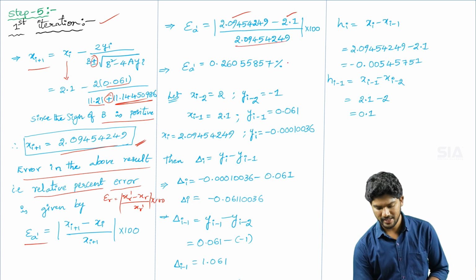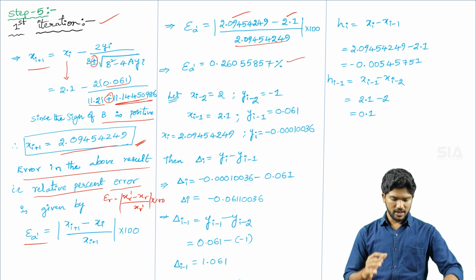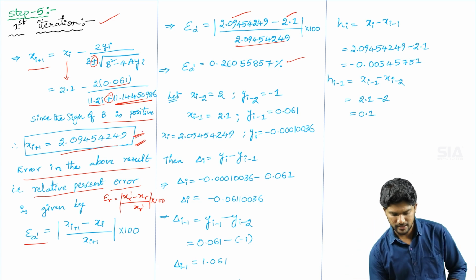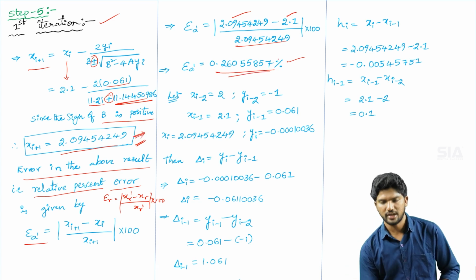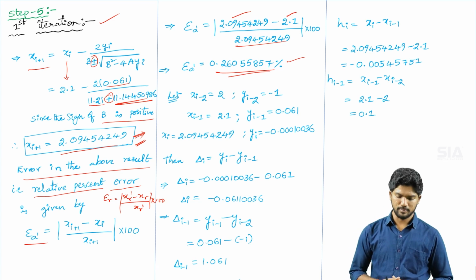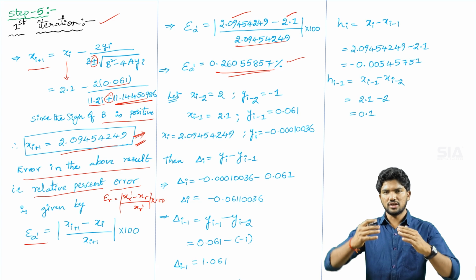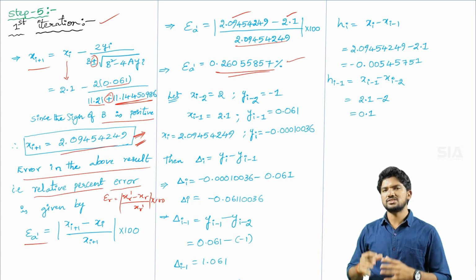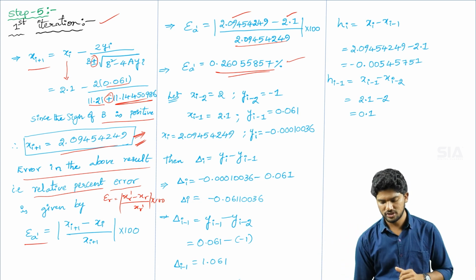If you simplify that, the error in this x suffix I plus 1 is 0.260555857 percent. So now you have to repeat the process until the error is equal to 0%.